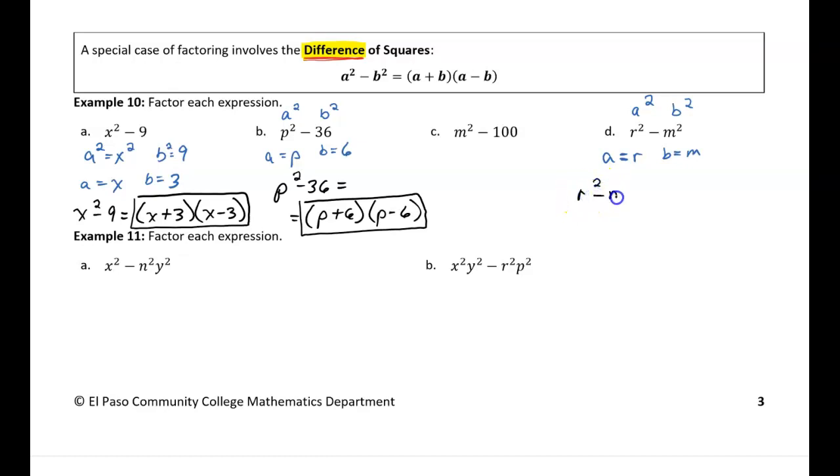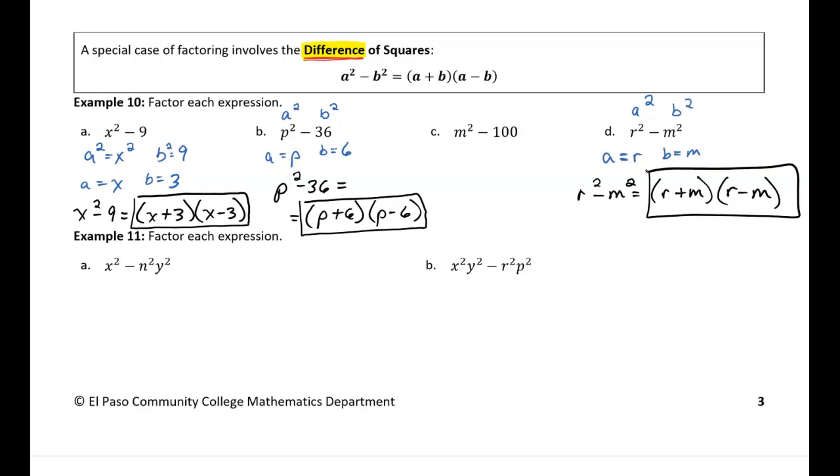So r squared minus m squared, set up my parentheses, my r plus m, there's my first term, r minus m, my second term. And there it is. There's my factorization. So whether we're dealing with numbers or other variables, if that pattern is there at the very beginning, we can use this difference of squares.